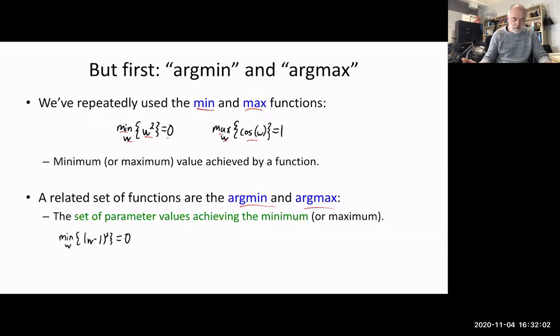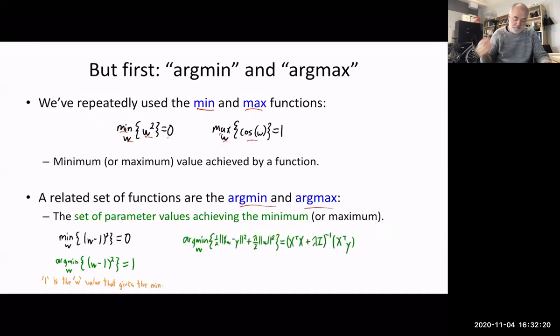So the minimum of w minus 1 squared is 0. The argmin of w minus 1 squared is 1. That's the value of w that minimizes the function, that gives you the min of the function, right?